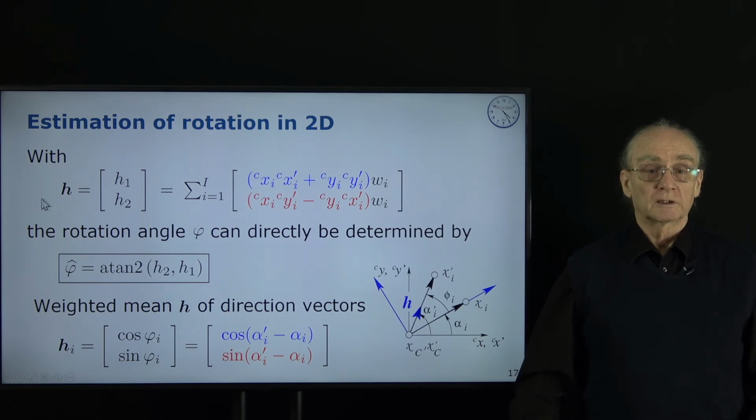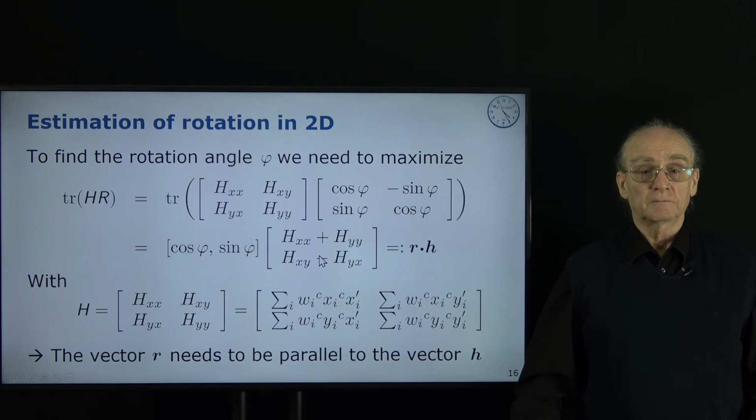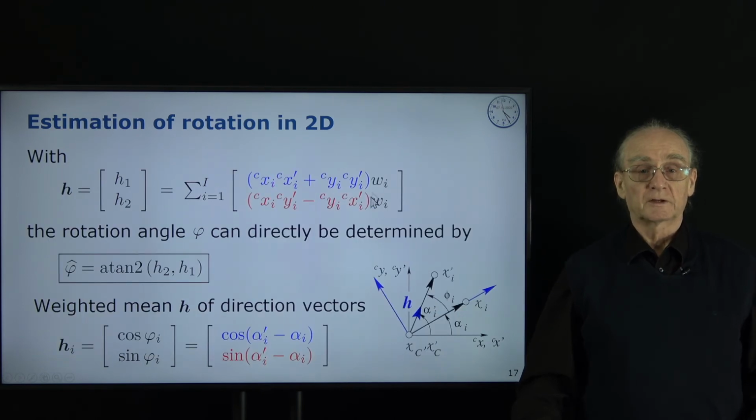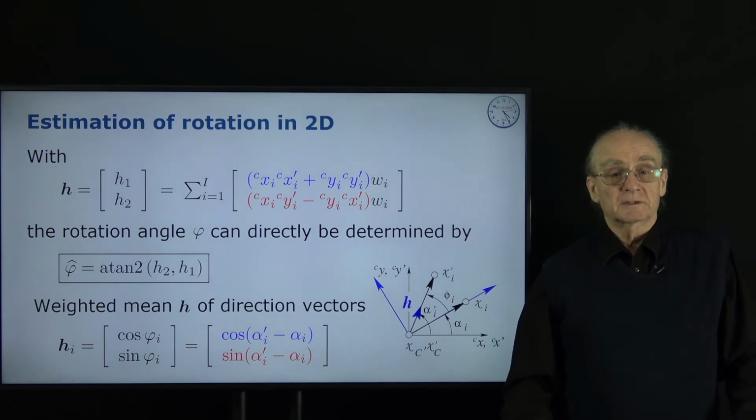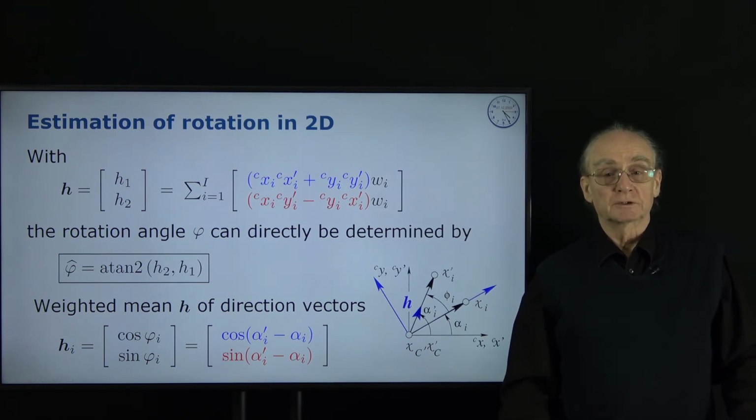So we have this vector H, with all these elements which we know. Then the rotation angle can actually be written as the arcus tangens with two arguments of h2 and h1, and we get phi as the optimal angle. So this is a very simple solution and very intuitive.